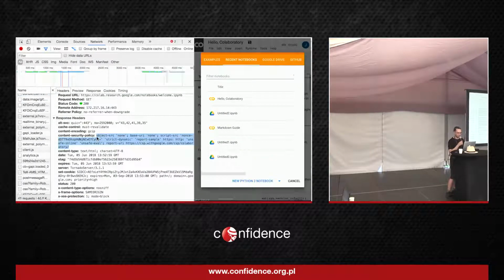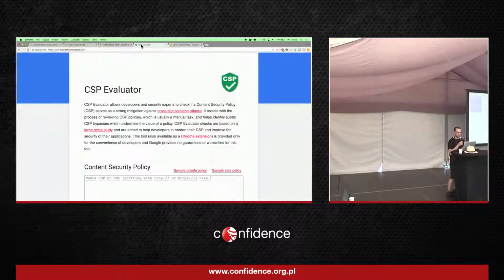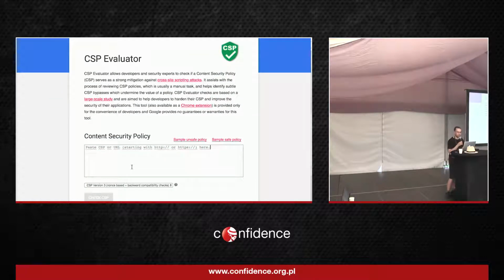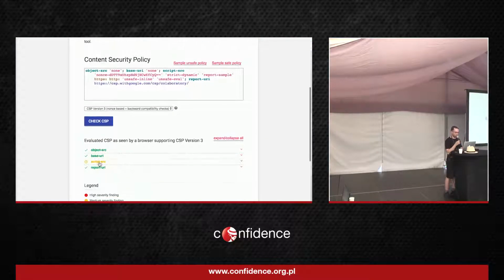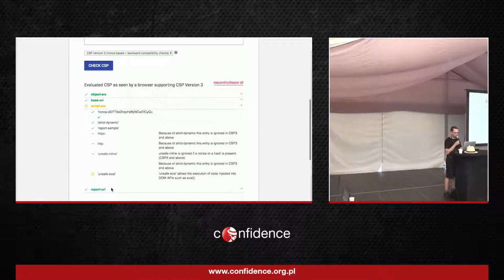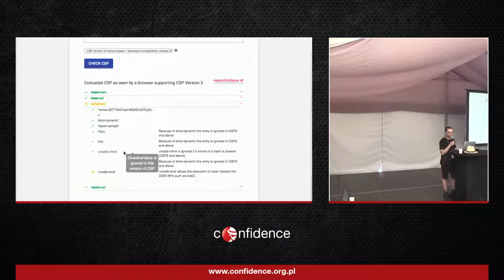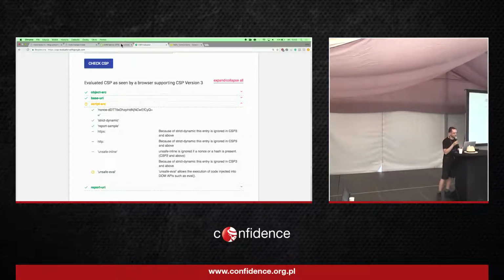So I will copy the policy. The CSP evaluator is a simple application in which you can paste some content security policy, and it will tell you whether it is safe. As you can see, okay, it has unsafe eval, but generally it is good. But it is not good if we have some kind of JavaScript library that makes it possible to bypass it.